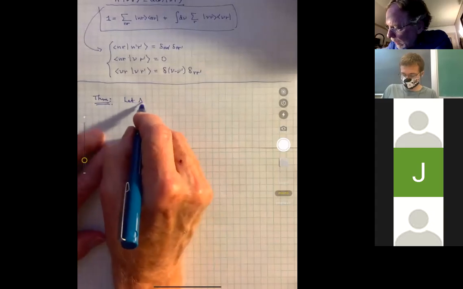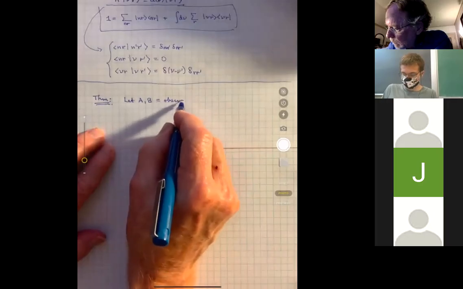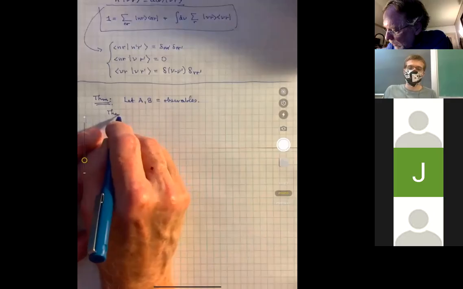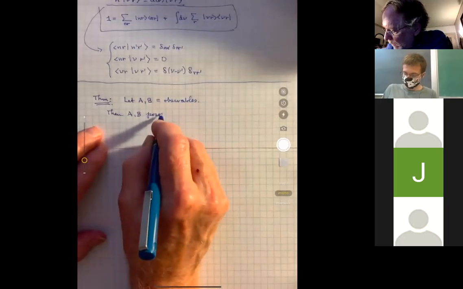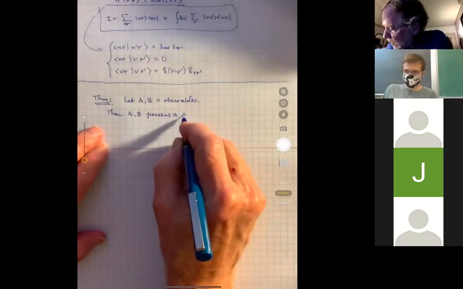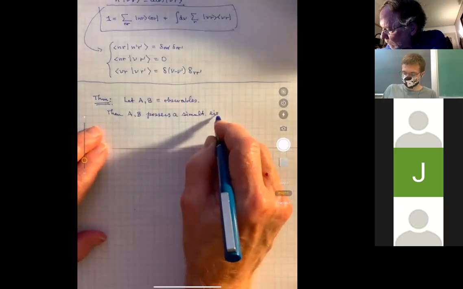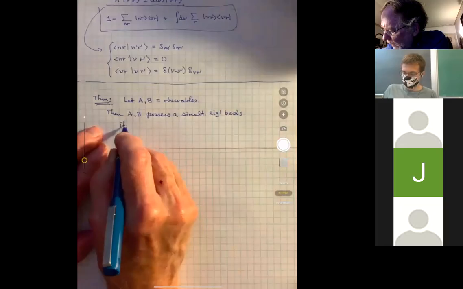Let A and B be two observables. Then the theorem says that A and B possess a simultaneous eigenbasis if and only if they commute.